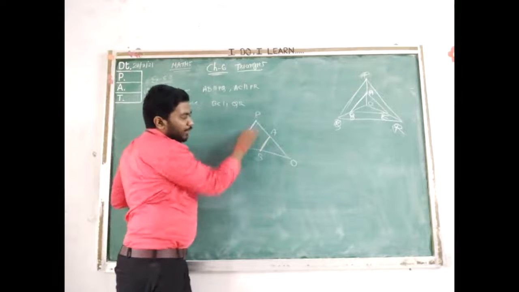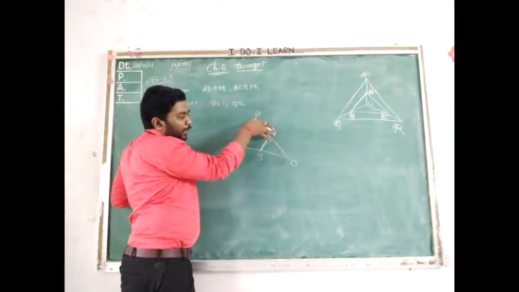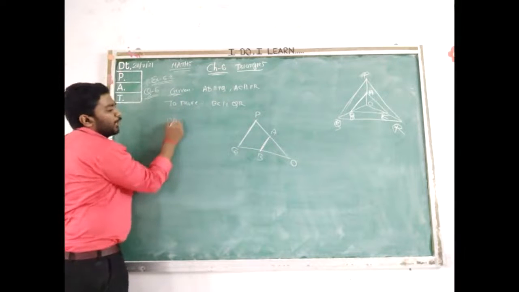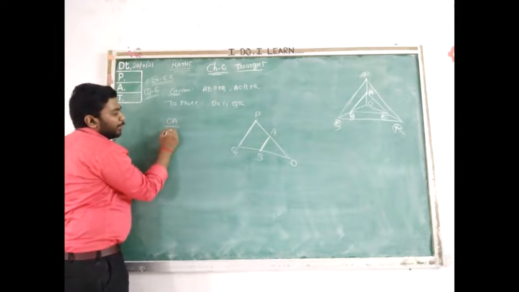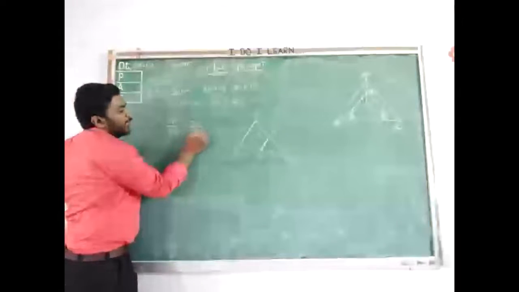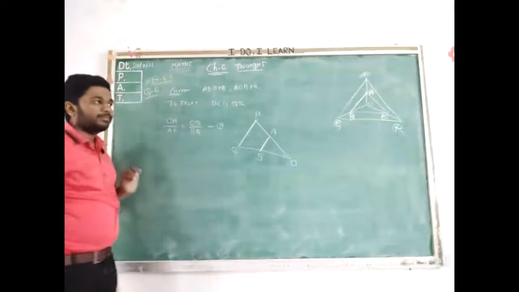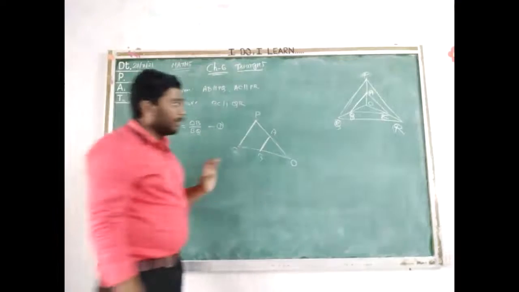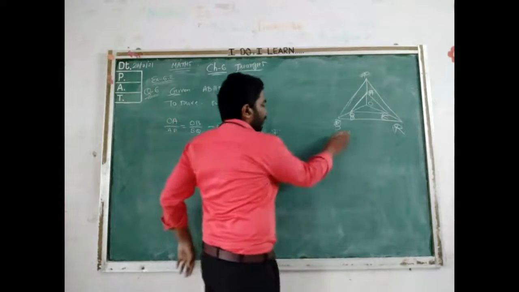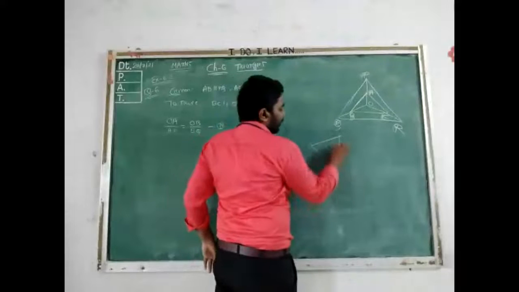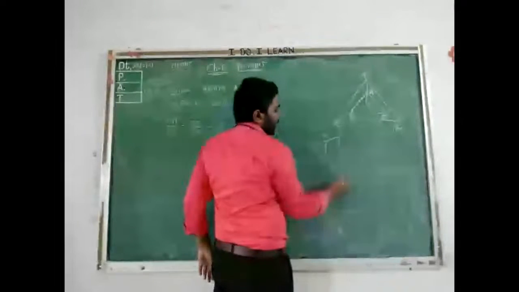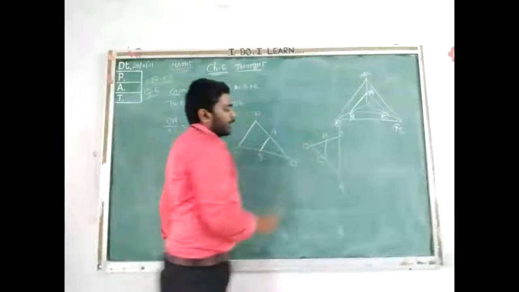So if these two are parallel, then I can write OA upon AP is equal to OB upon BQ. And I'm giving this equation number 1. Okay. Now, if we are talking about this one, AC is parallel to PR. So we have another triangle like this, where these two are parallel, A and C, and here P and R, and here O point is there.